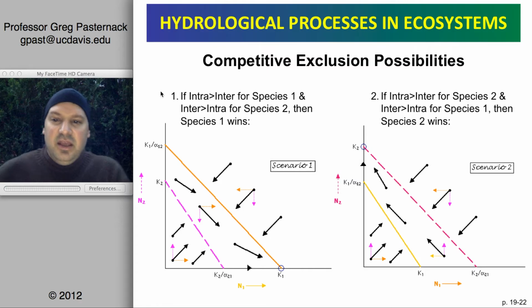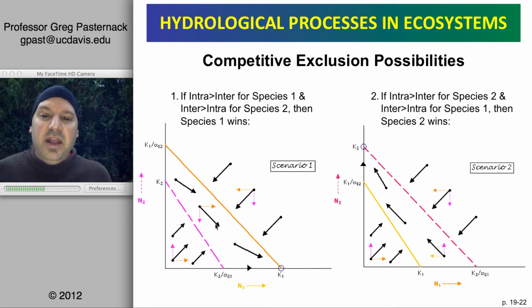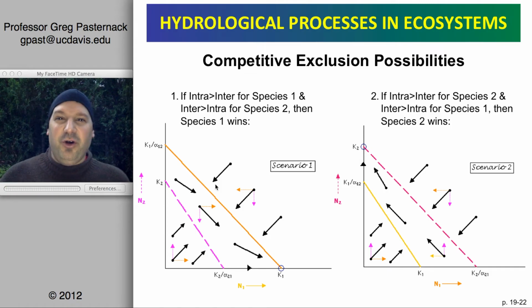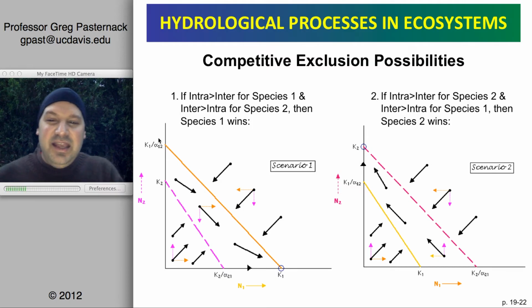So in the left case here, what if species 1 is really powerful, okay? And the effect of species 2 is minimal. It's like, you're just a little bug in my life. I don't care about you. But species 1 is really fighting with itself, lots of competition. In that case, the yellow line trumps the red line, which is shown as pink here.